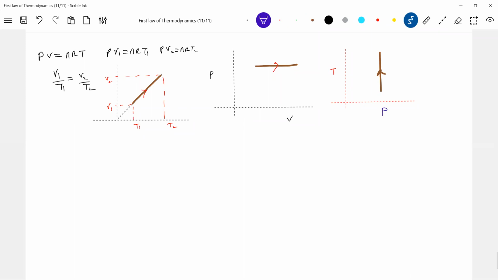Pressure constant, isobaric, that's all here. Now, here, internal energy versus density. What about internal energy versus density? I'll say rectangular hyperbola.